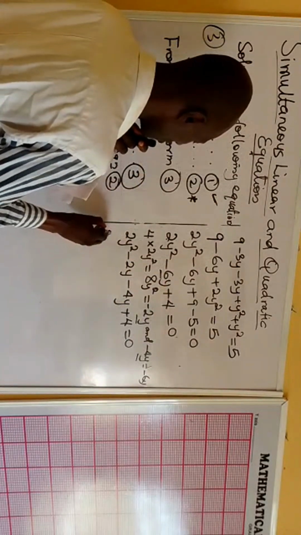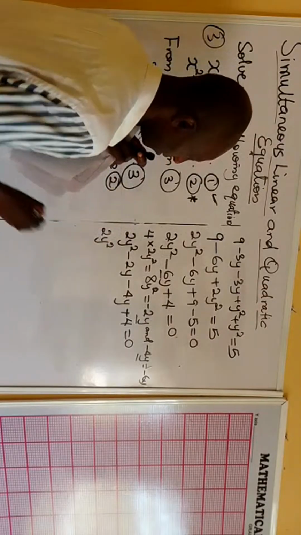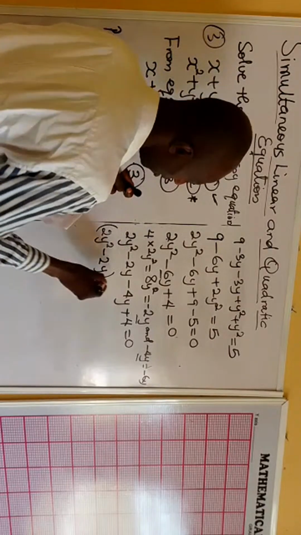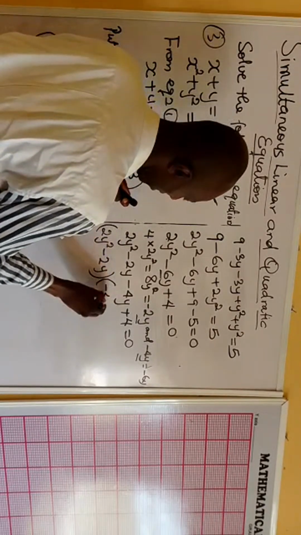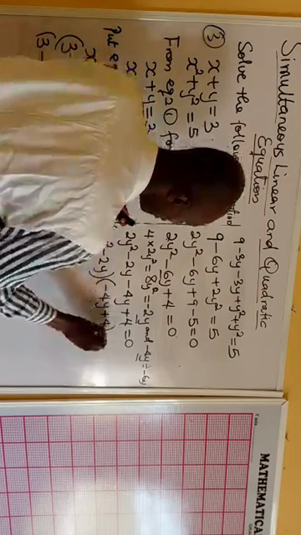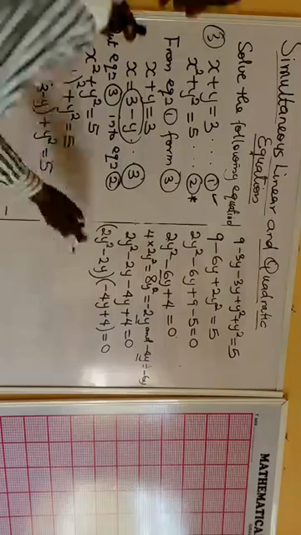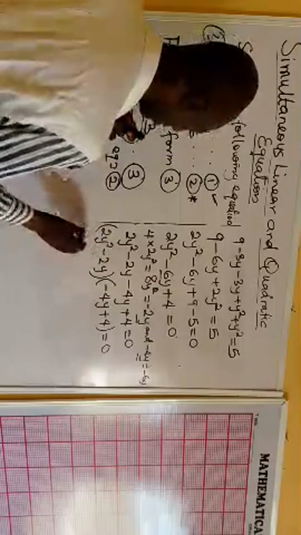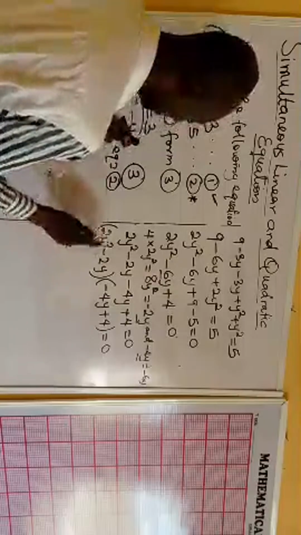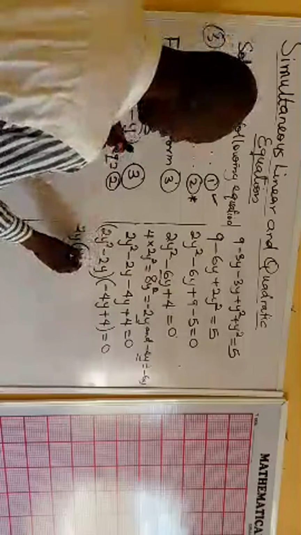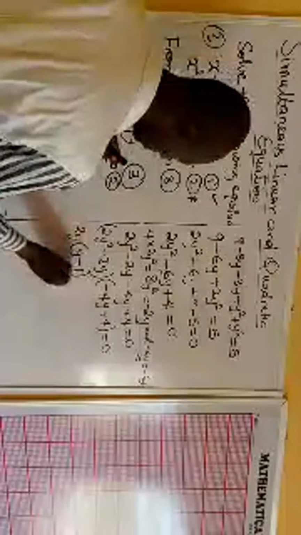So let's factorize by grouping. Now, minus 2y is common. I will put this minus again, 4y plus 4 is equal to 0. So let's factorize. Bring out the highest common factor, here is 2y. When I use 2y to divide this, you are left with y. I use 2y to divide this, here is minus 1.